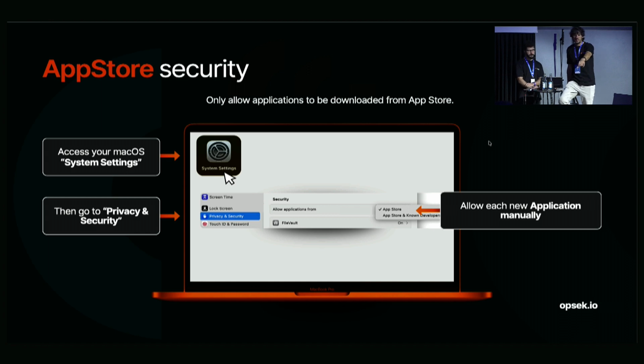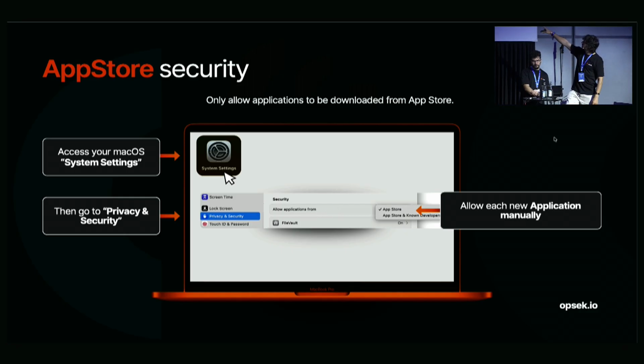Here you basically go to System Settings, Privacy and Security. You will see many options, but one is called Allow applications from, and you should only enable App Store, instead of App Store and non-developers. Why? Because App Store and non-developers means that, say I am a non-developer, right?